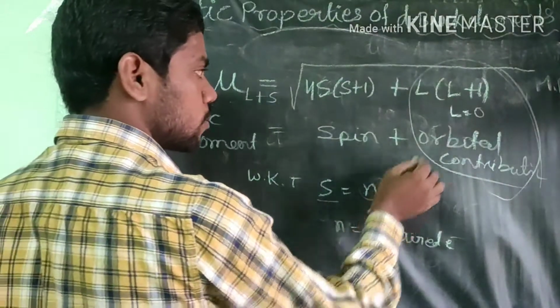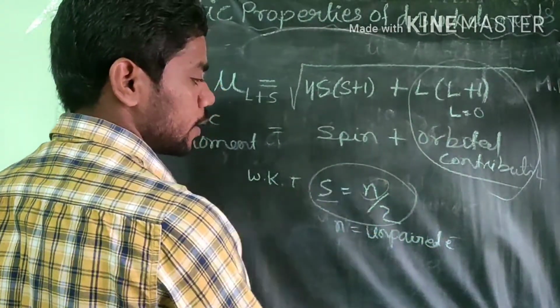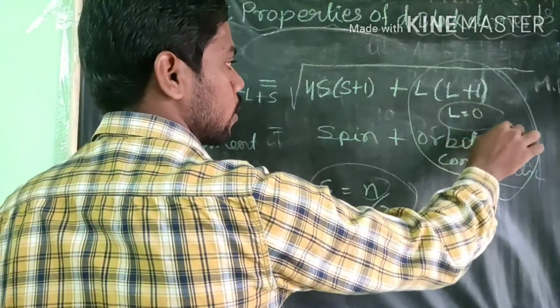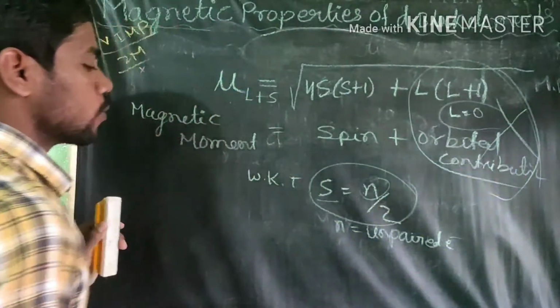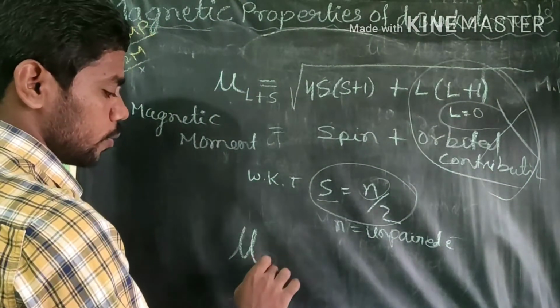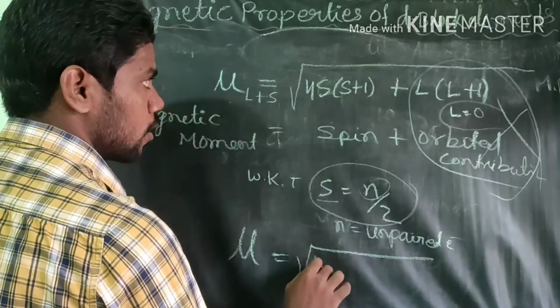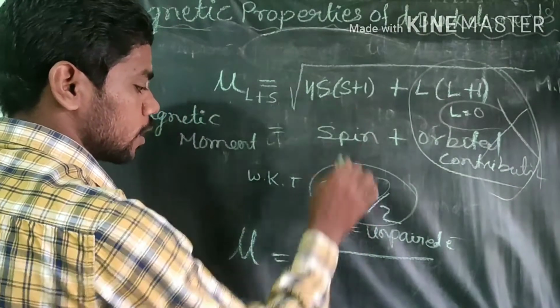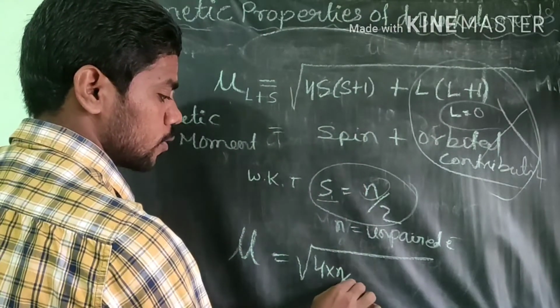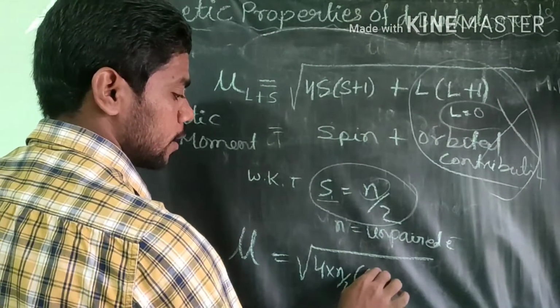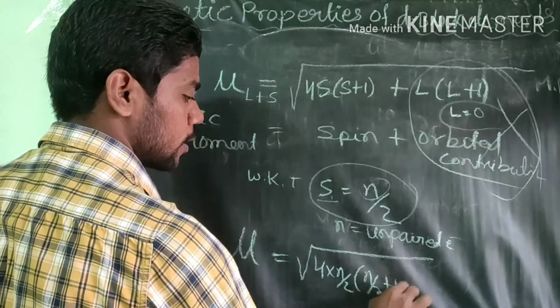Therefore, we substitute s equal to n by 2. Next, l equal to 0 because there is no orbital contribution. Therefore, mu equal to the square root of 4 into n by 2 into n by 2 plus 1, dear student.